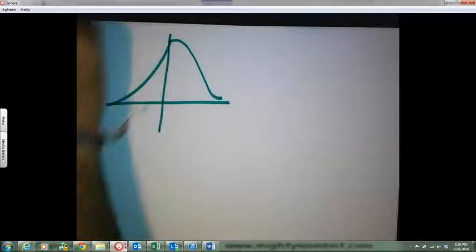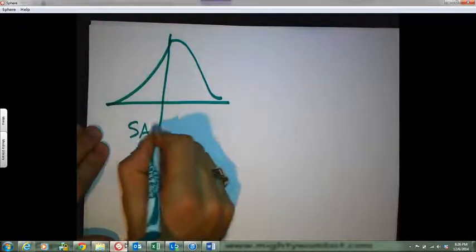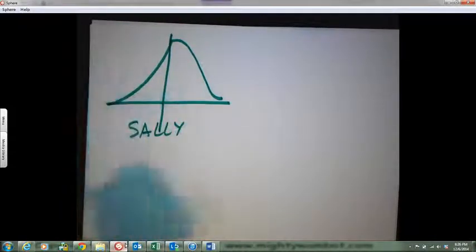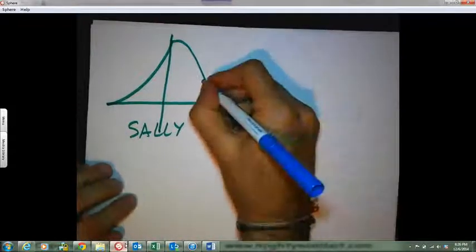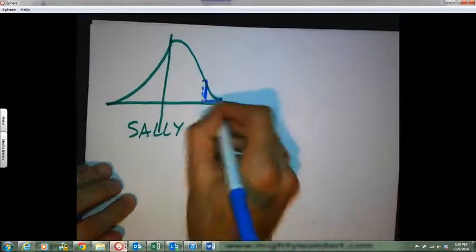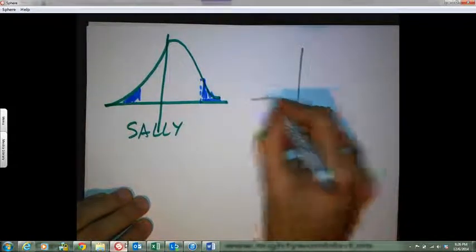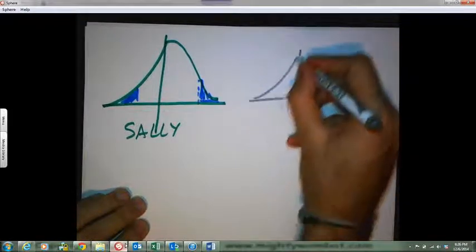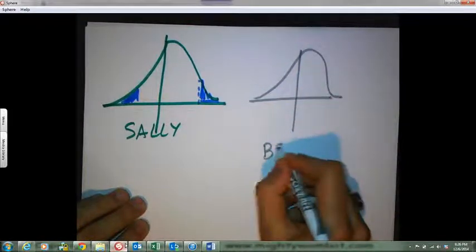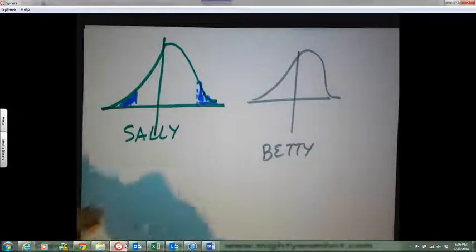Let's call this Sally. So Sally was a two-sided test, which means Sally had stuff over here on the positive side and stuff over here on the negative side. Betty, on the other hand, only did a one-sided greater than, so greater than is over here.